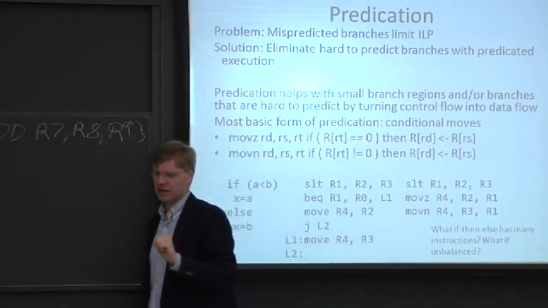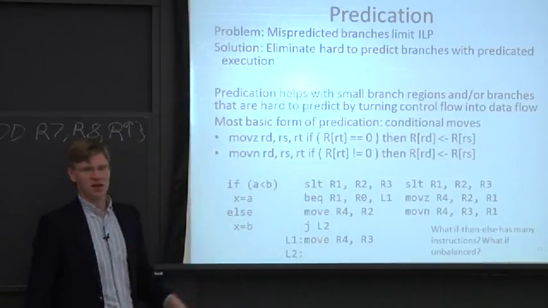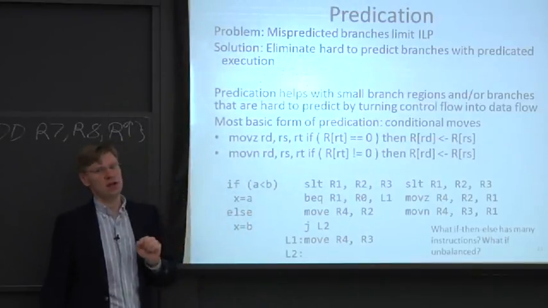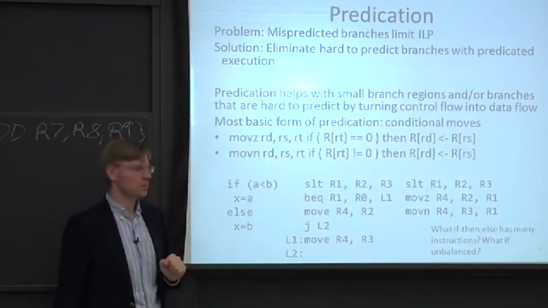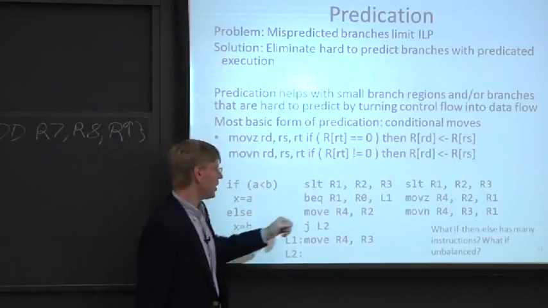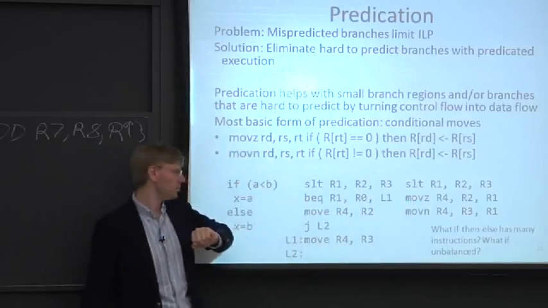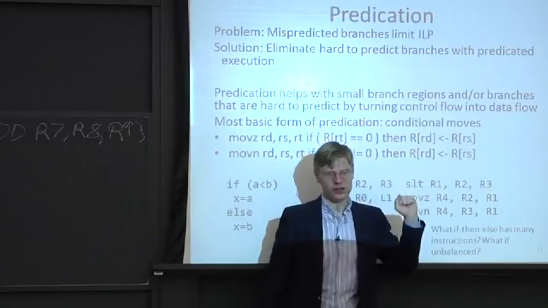If we're going to predicate this, we're actually going to execute both sides regardless of the value of the if clause or the conditional clause here. If we look at what we do, we actually have restructured the code a little bit. This is our compare, this is our if up here.